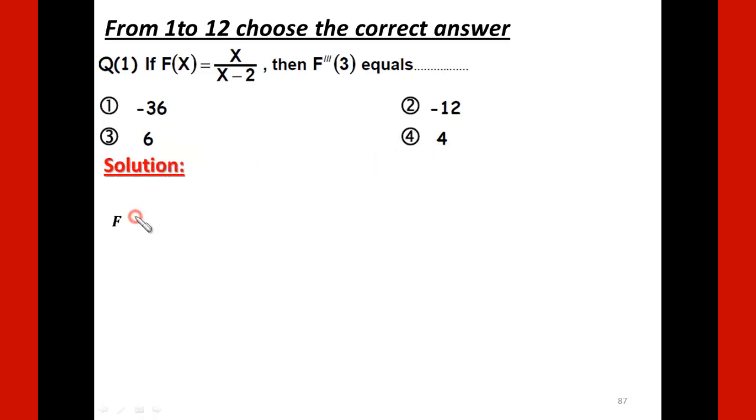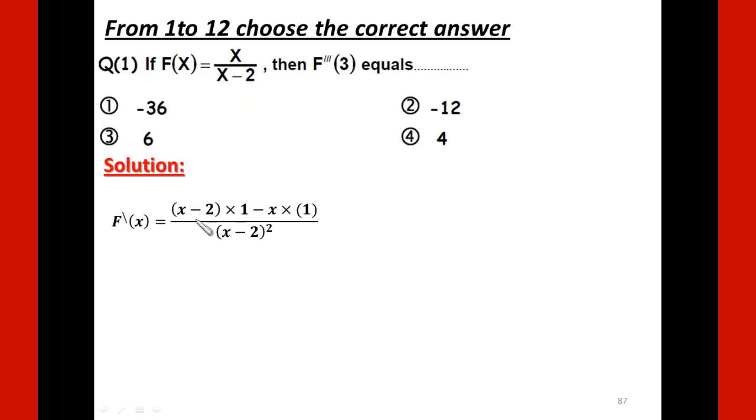Solution. f dash of x equals the denominator multiply the derivative of the numerator minus the numerator multiply the derivative of the denominator, all of this over the denominator power 2.